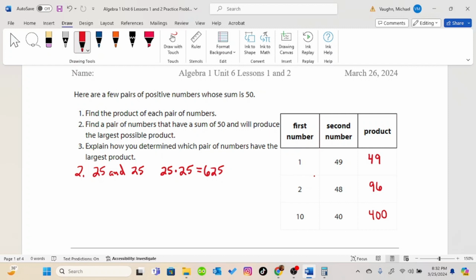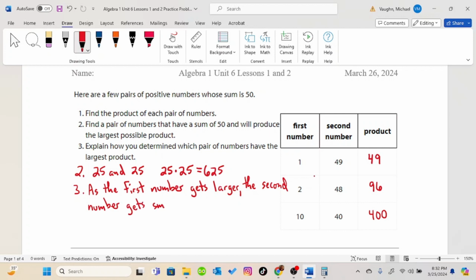As the first number gets larger, the second number gets smaller. And the product gets larger.